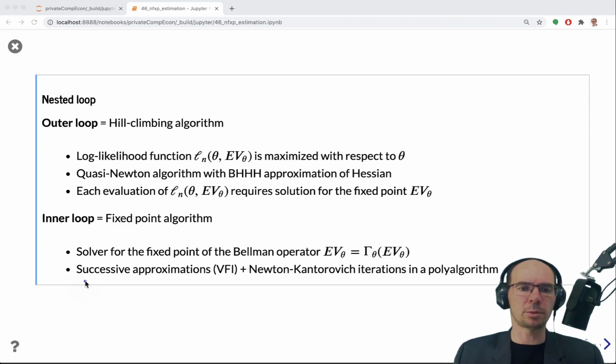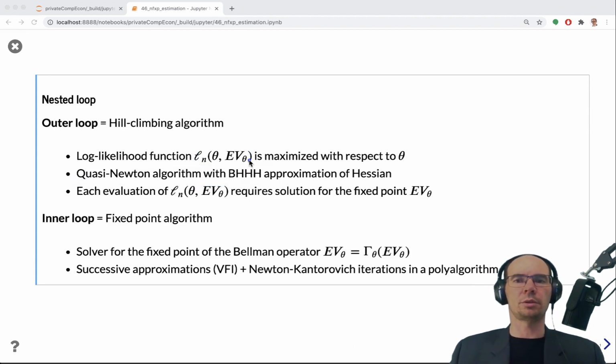And so the inner loop performs the Pauli algorithm to solve the model, to find the fixed point, and then gives it back to the likelihood function. And the likelihood function can be calculated and then given back to the quasi-Newton algorithm based on BHHH, of course, to take the next step in the direction of the higher likelihood.